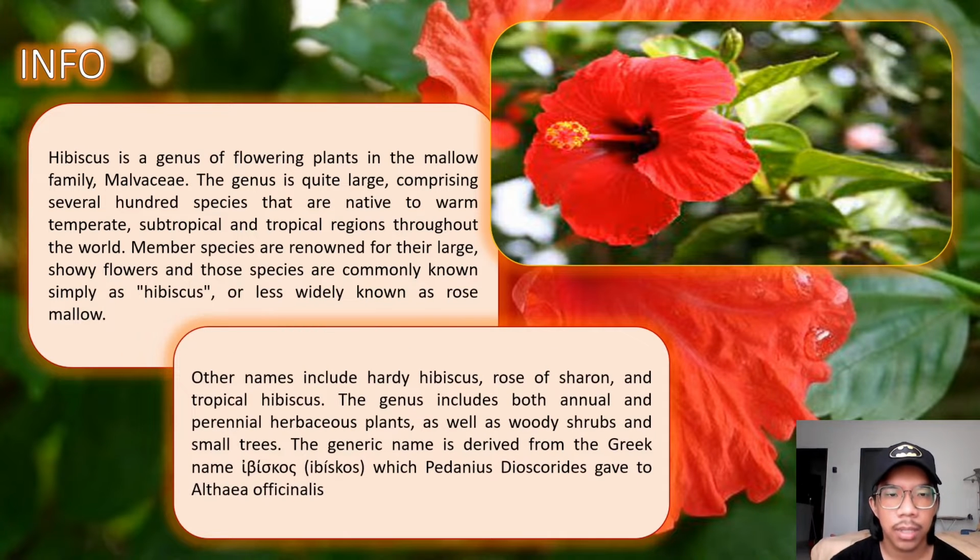The other names include hardy hibiscus, rose of Sharon, and tropical hibiscus. The genus includes both annual and perennial herbaceous plants, as well as woody shrubs and small trees. The generic name is derived from the Greek name hibiscus, which Dioscorides gave to Althaea officinalis.